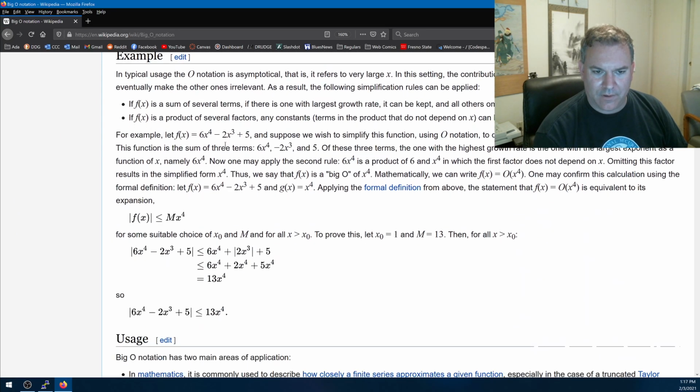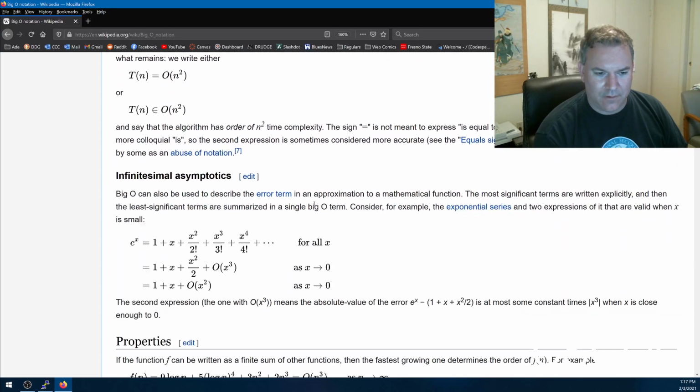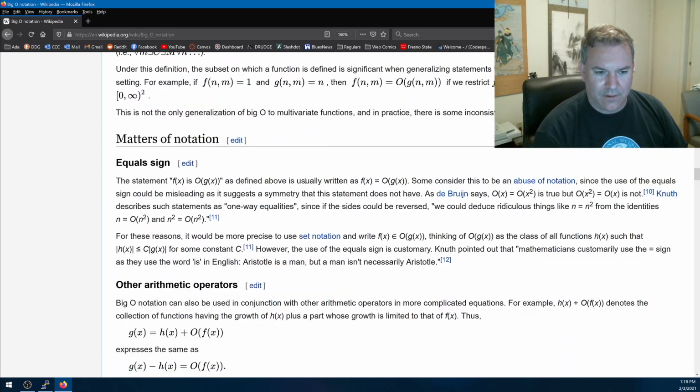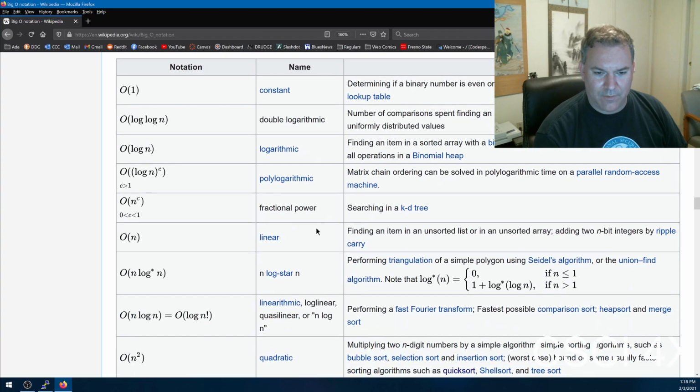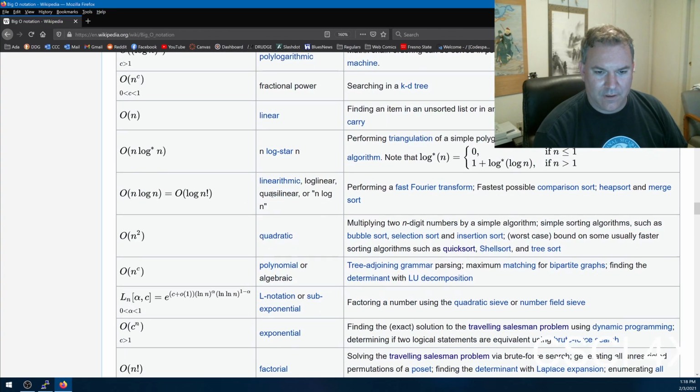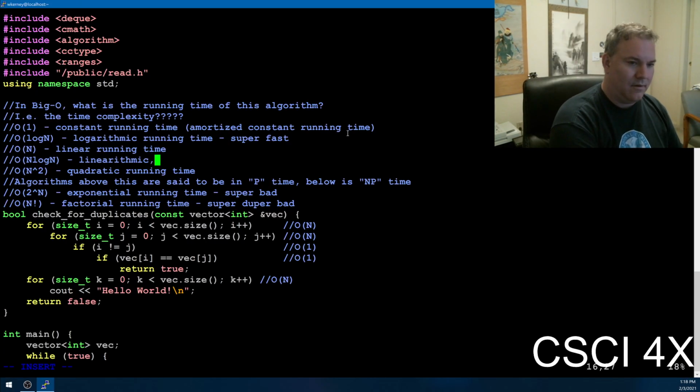There's like a multiplier on there. Logarithmic, polylogarithmic, log star, linearithmic, or log linear. Linearithmic. There you go. Linearithmic time.